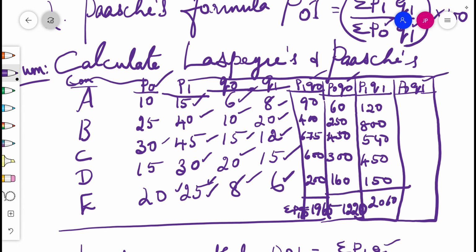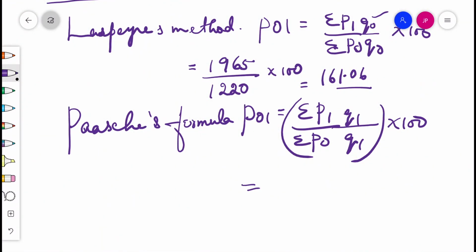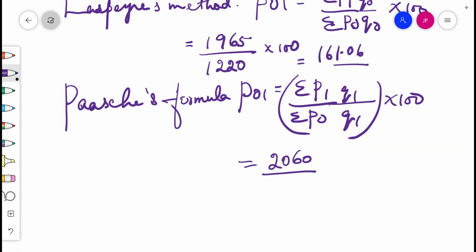Then P0 Q1: 10 into 8 is 80, 25 into 20 is 500, 30 into 12 is 360, 15 into 15 is 225, 20 into 6 is 120. Add it up. The sum total of P0 Q1 is 1285. Do the numbers correctly and substitute the values here: sum total of P1 Q1 is 2060, sum total of P0 Q1 is 1285.